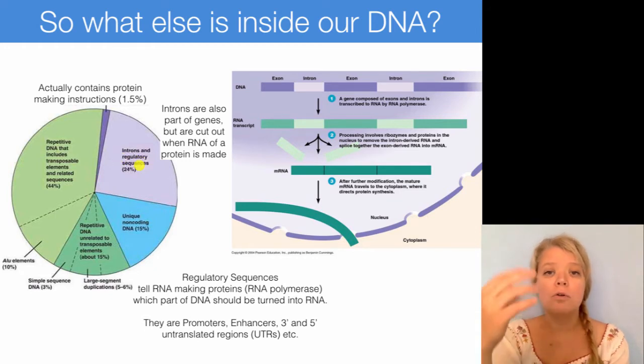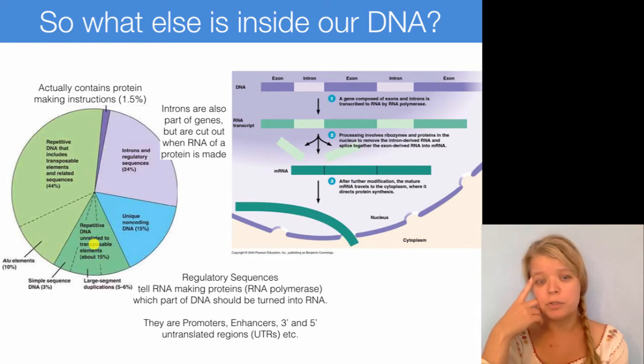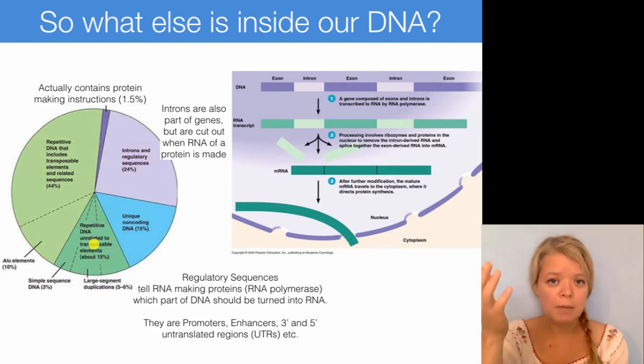Regulatory sequences are also super important because in all this mass of our DNA, largely non-coding, you have to actually be able to find the protein coding instructions and find them at the right time and place. Certain cells need to make one type of protein, other cells need other types of proteins.